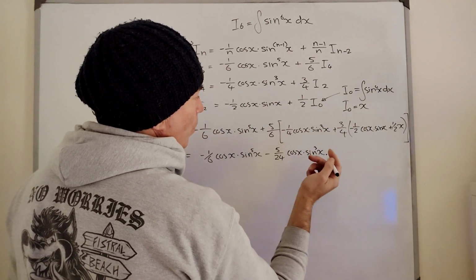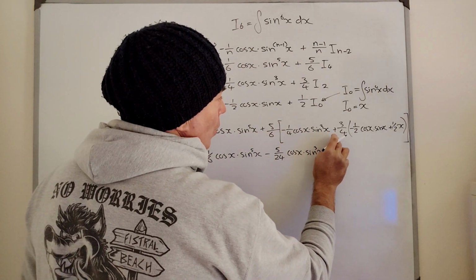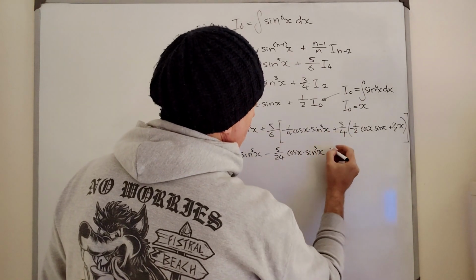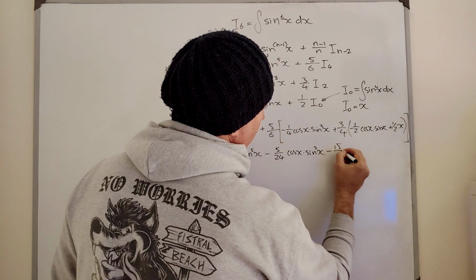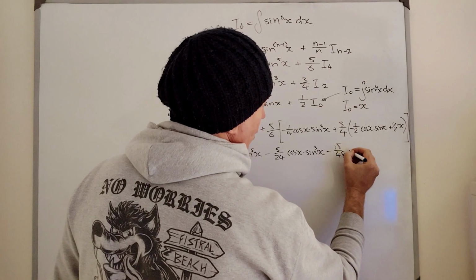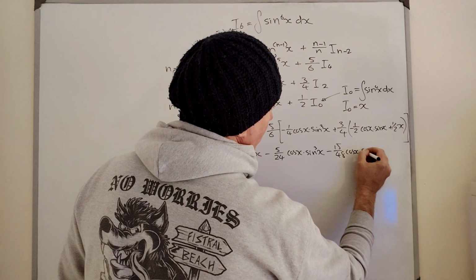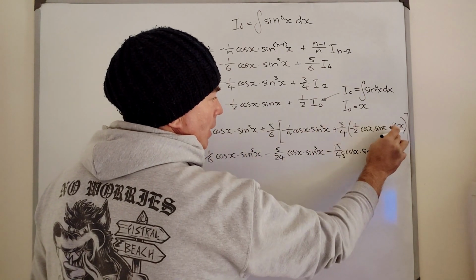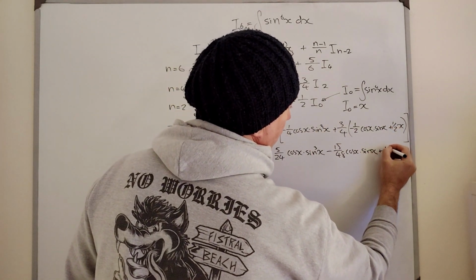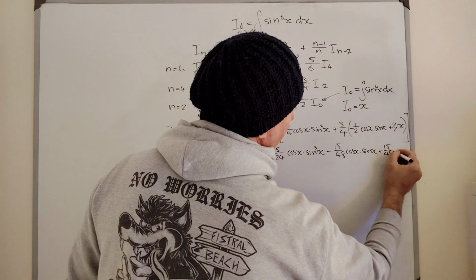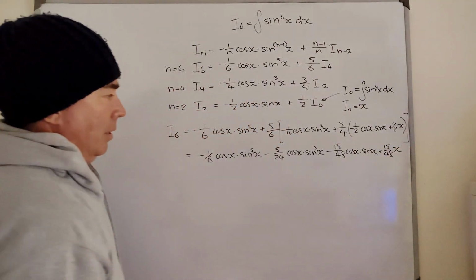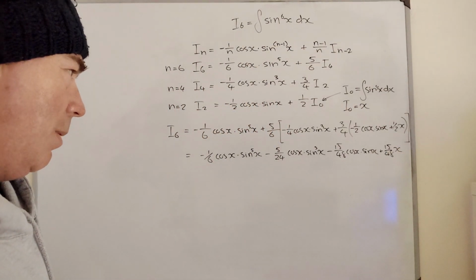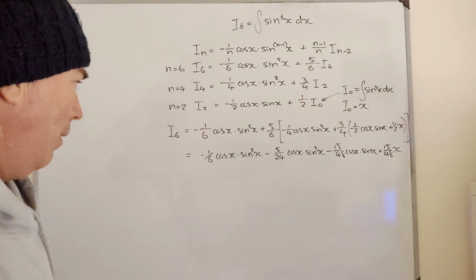So 5 times 3 times 1 is 15 over 48, and it's negative, and that's going to be cos x times sine x. And then we've got the same thing again, but this is now positive, plus 15 over 48 x.